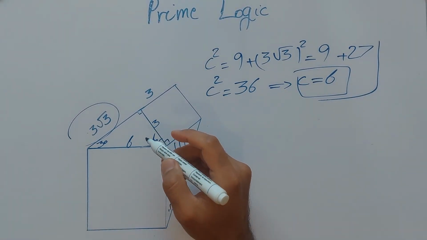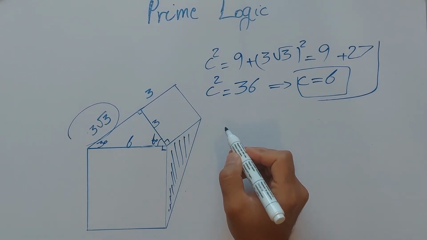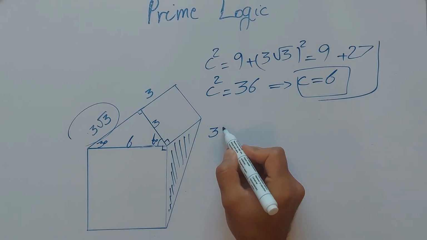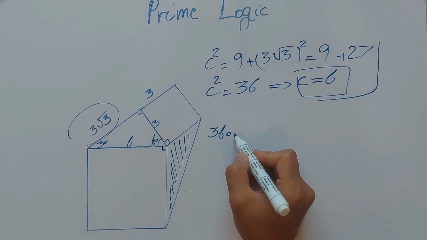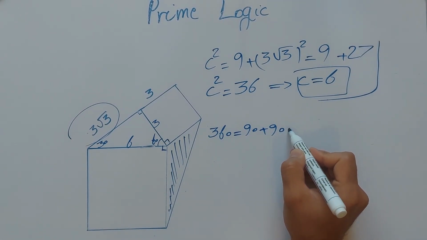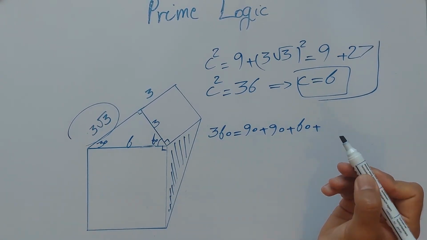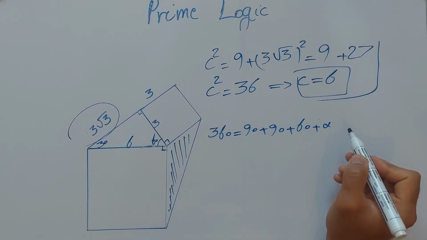So now that we know the angle here is 60 degrees, and it is 90 degrees, and it is 90 degrees, the whole thing must be 360 degrees. So 360 equals 90 plus 90 plus 60 plus, let's name it alpha.